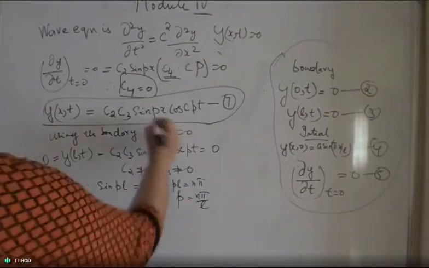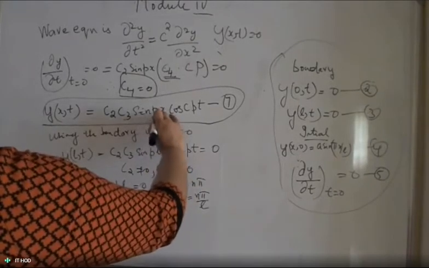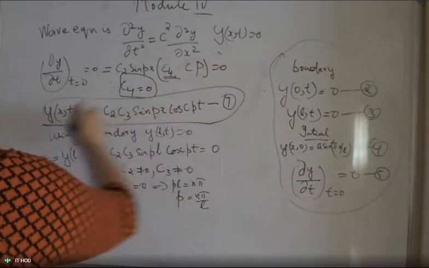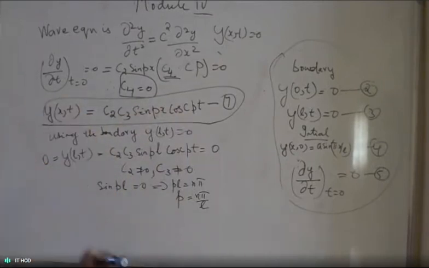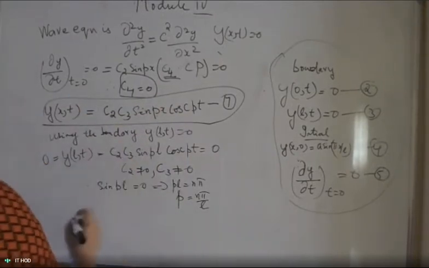Now, once you got the value of p, you can substitute here and that will give you the new y(x,t). So, I'm going to substitute that here.